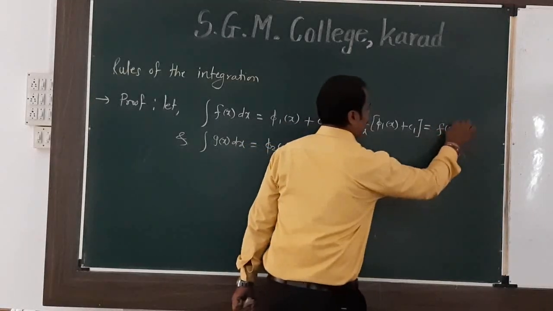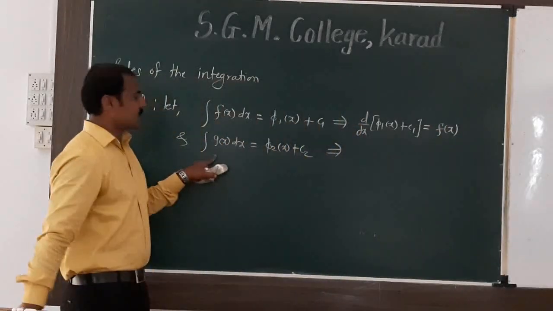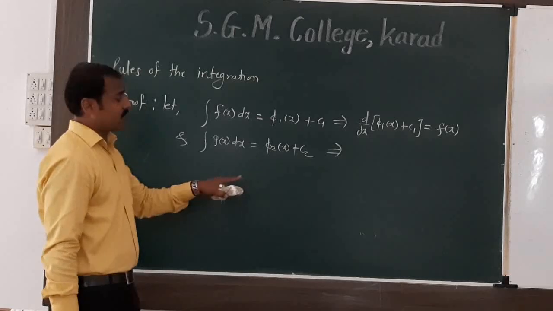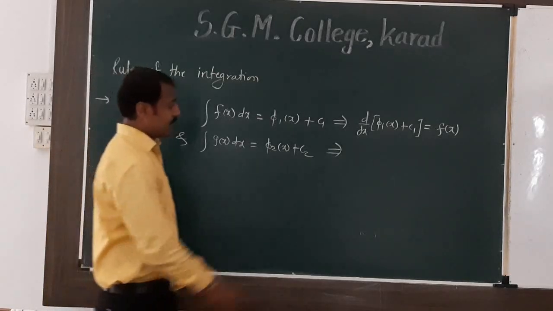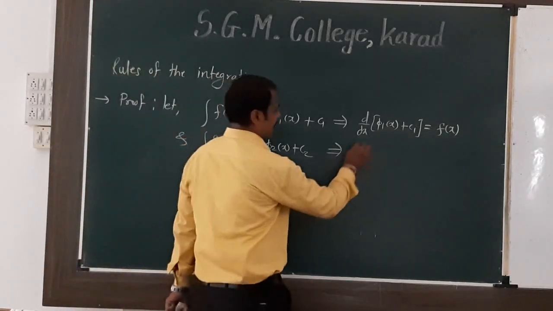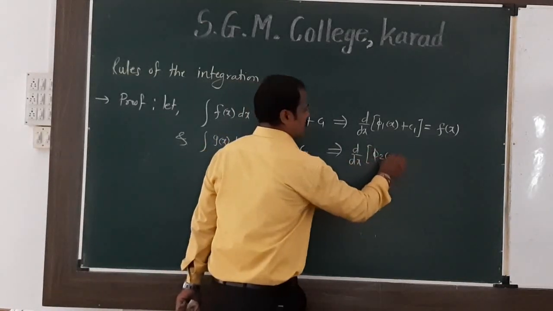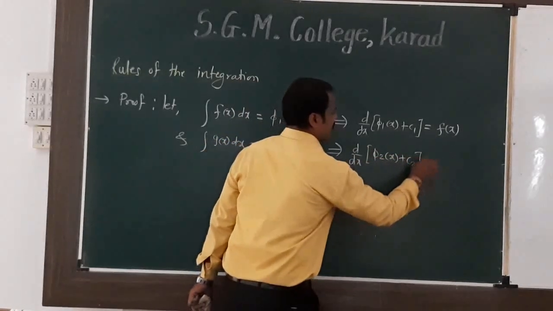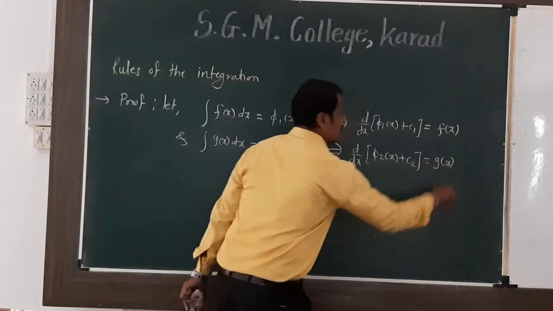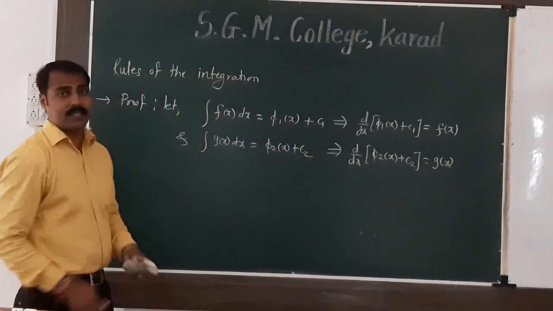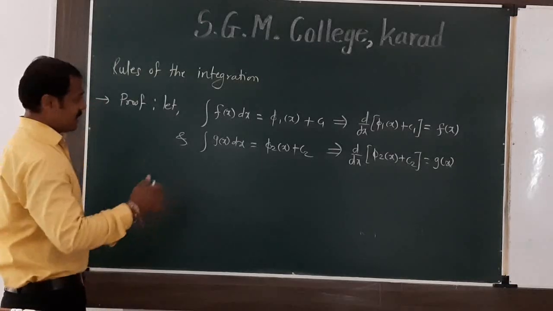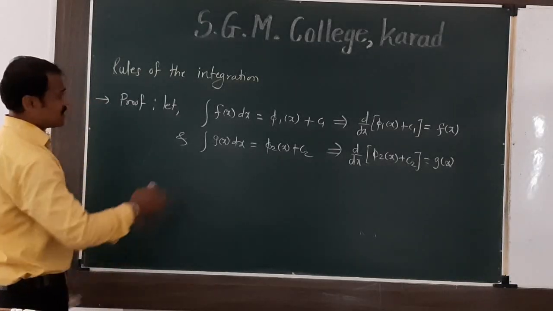And from second, integration of g of x dx is equal to phi 2 of x plus c2. It implies that d/dx of phi 2 of x plus c2 is equal to g of x. Yes, we have learned the definitions of integration and derivatives from this.